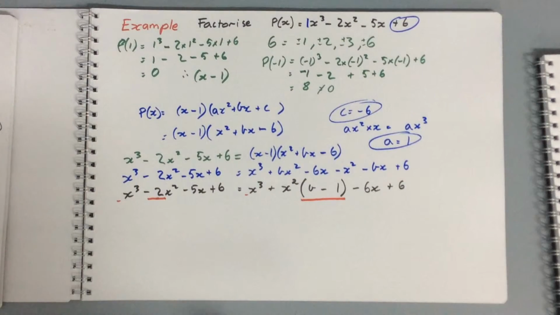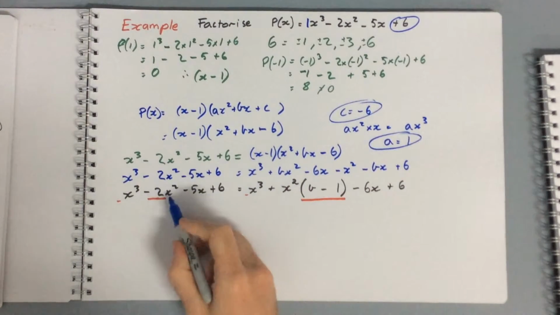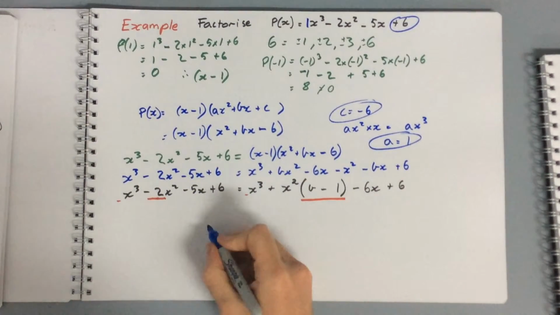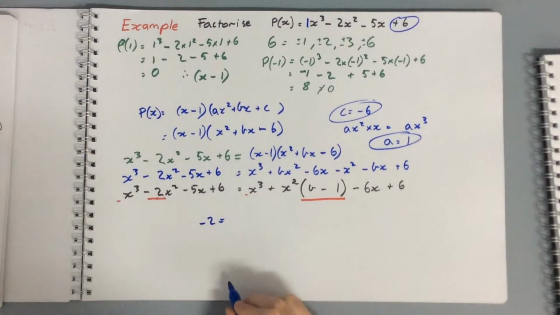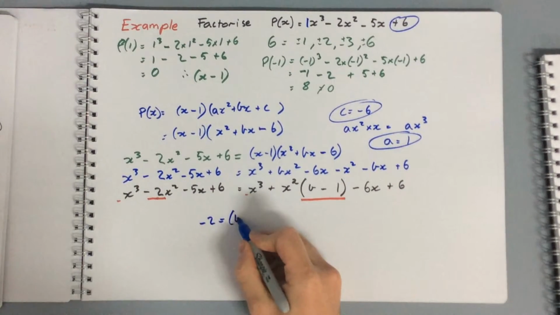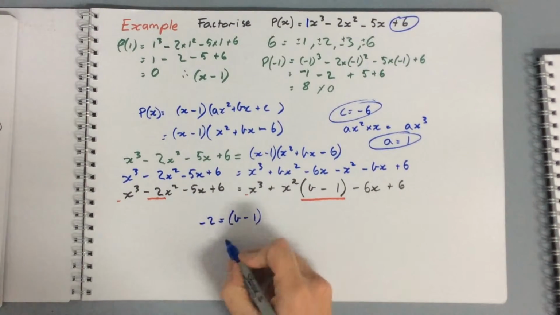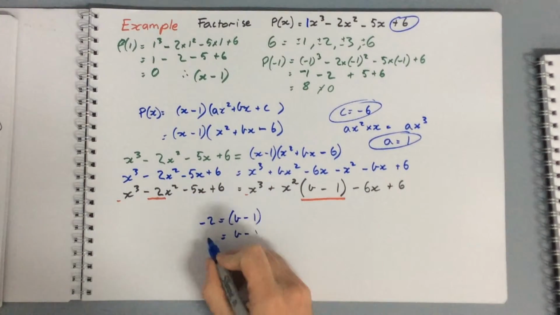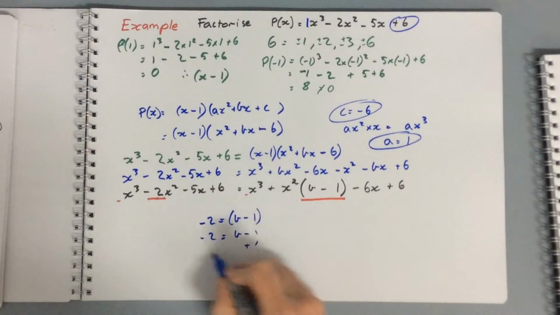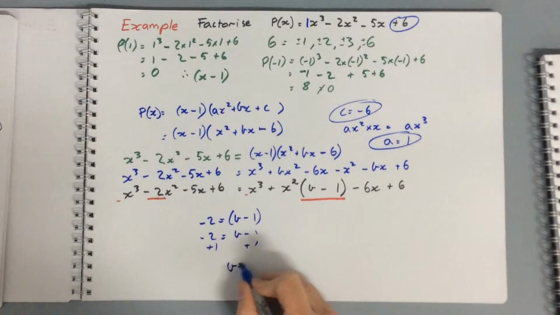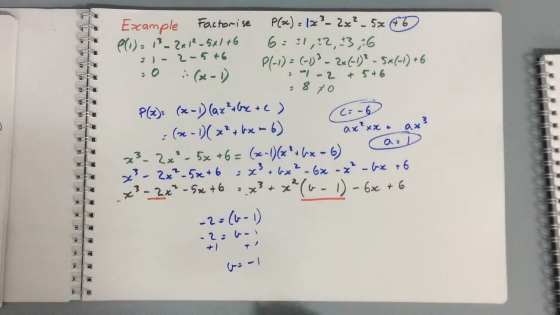So we can say, because that's our x squared term, minus 2 is actually our coefficient for b take 1. Now, don't really need the brackets here, so b take 1, okay, plus 1 to both sides. My b is actually going to be minus 1.